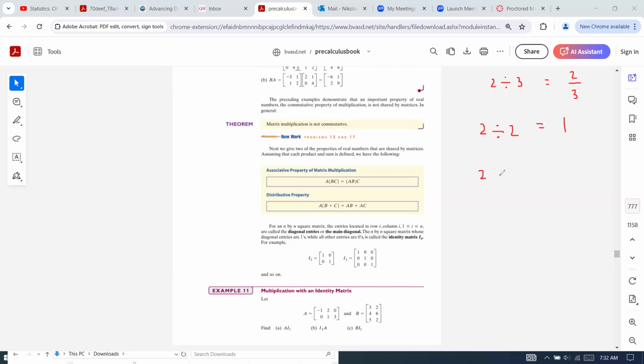Or you could turn this into multiplication and say you're multiplying by the reciprocal of the second number, by 1/2. That's how you get 1. And division then could be turned into multiplication, and 1, or the so-called unit with respect to multiplication, is what we are working with.